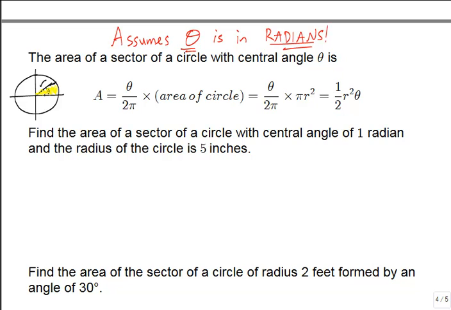So if our central angle here is theta, remember that theta sweeps out a fraction theta out of 2 pi, for one full revolution. That's the fraction of one complete revolution that theta sweeps out.